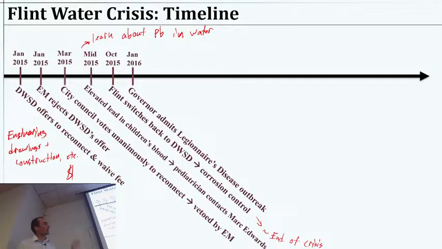Okay, anyhow, so the governor finally admits Legionnaire's disease, that there's also this other aspect, this Legionnaire's disease outbreak. So there's been all this controversy, all this discussion of lead, importantly so, but meanwhile, this switch in water treatment and the switch in the water quality and the lack of appropriate treatment has also caused an outbreak in Legionnaire's disease.